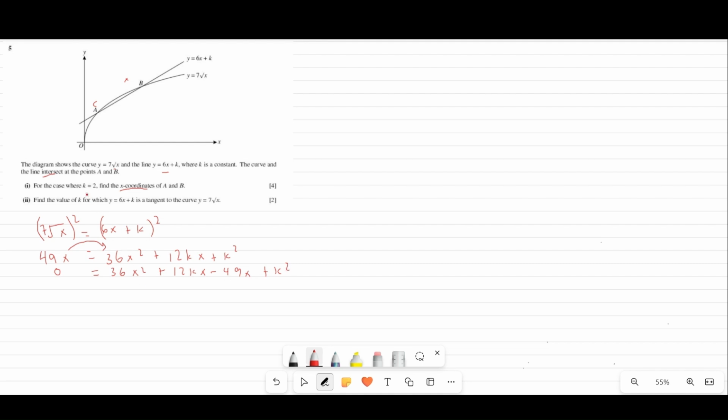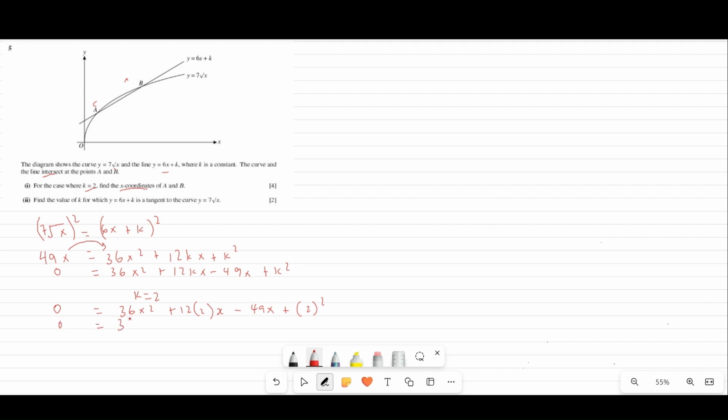Then we are also told that k is equal to 2, so we need to substitute it into this equation. Doing that, we get 36x squared plus 12 times 2x minus 49x plus 2 squared. Let's simplify that.